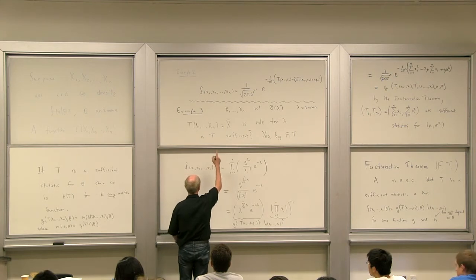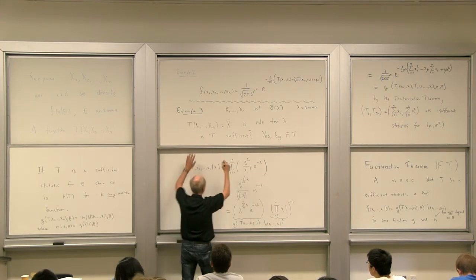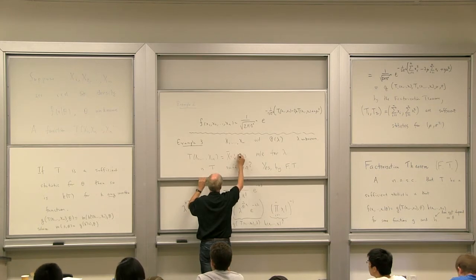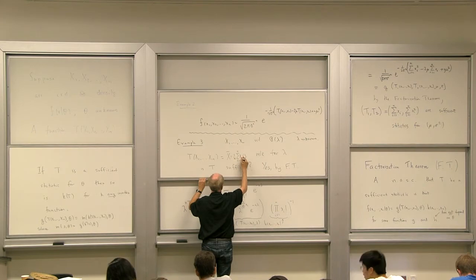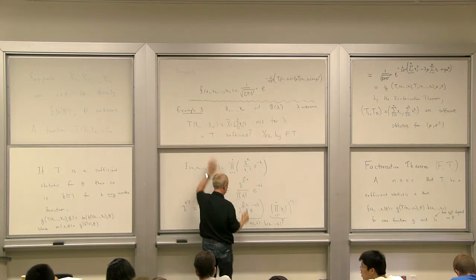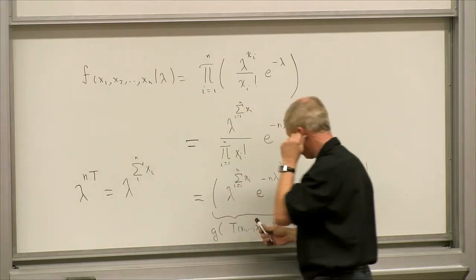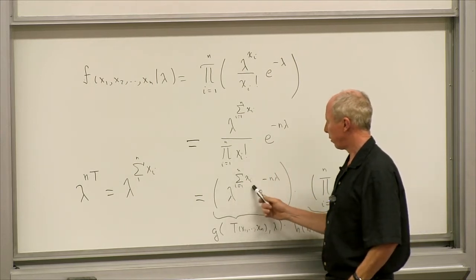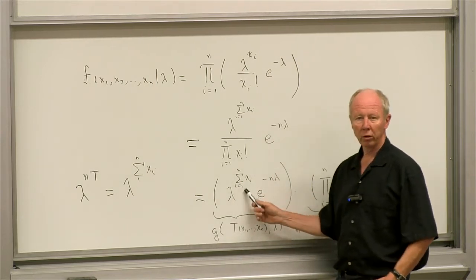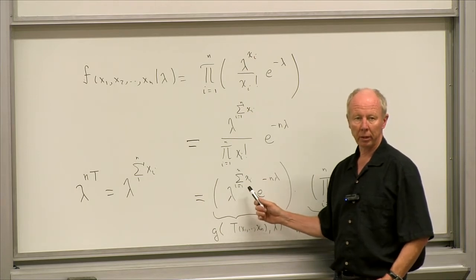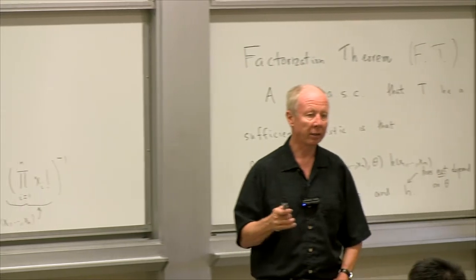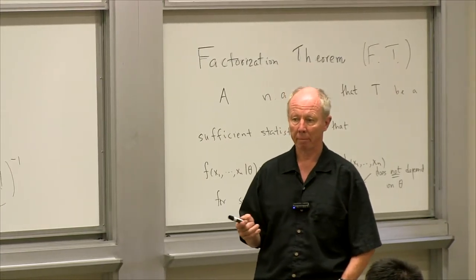Our t was x bar, right? Which is 1 over n times the sum of the xi's. So here I'm claiming that if this is a sufficient statistic, then 1 over n times it is also. If I take the function multiplication by 1 over n, that's invertible, right?